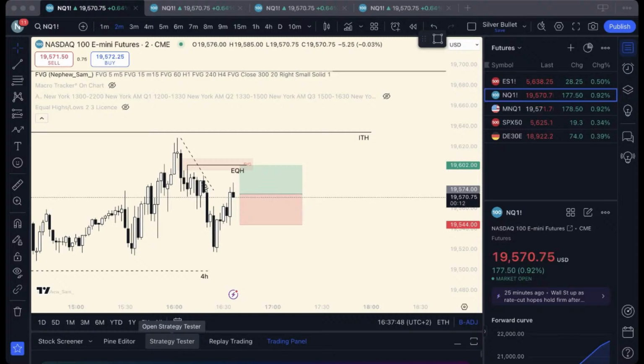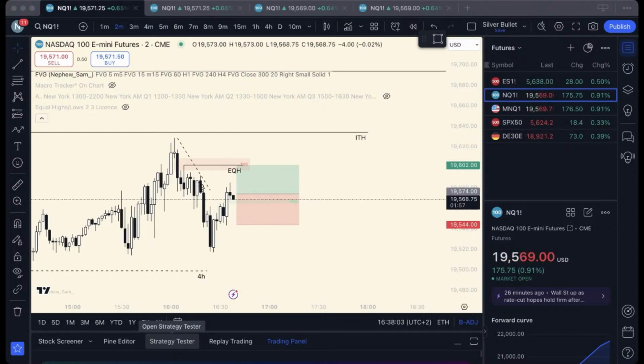To remove the chart executions because they are kind of weird today, but you can still see the trade. So this is how I play it.